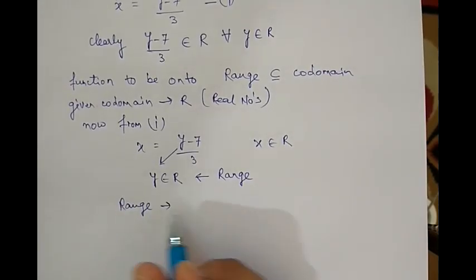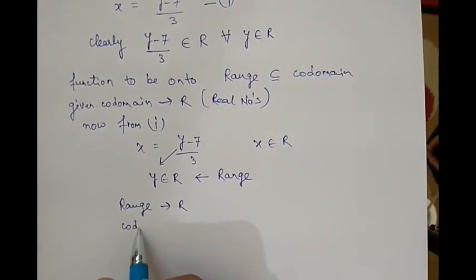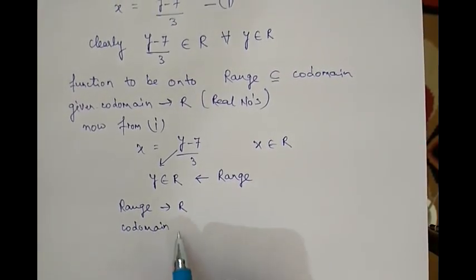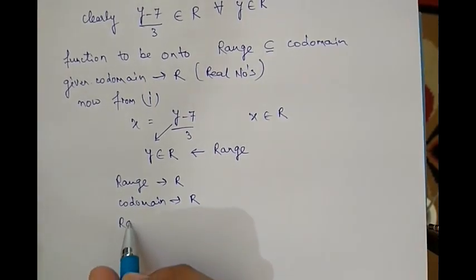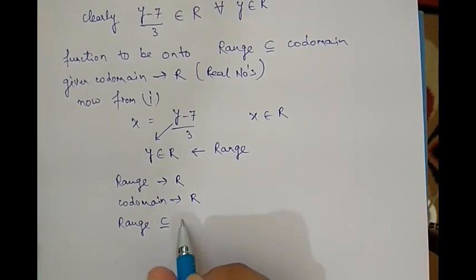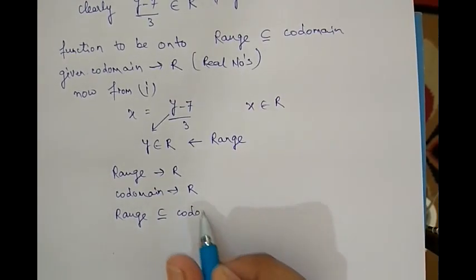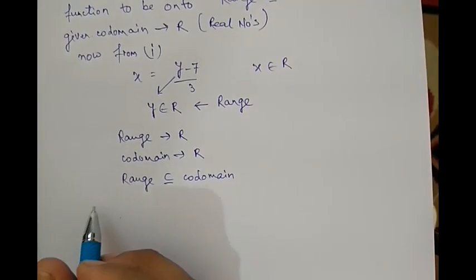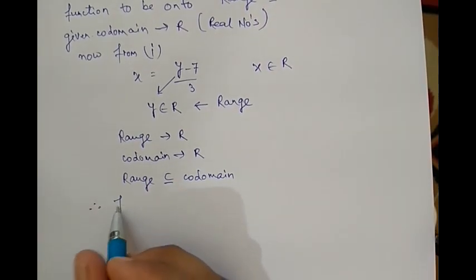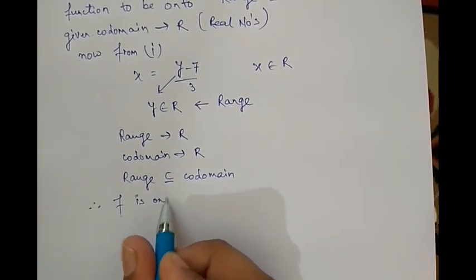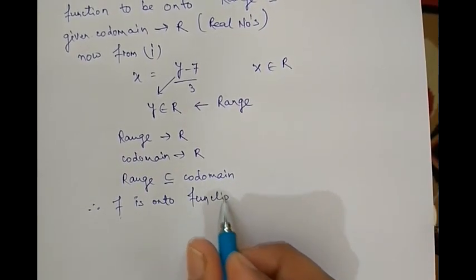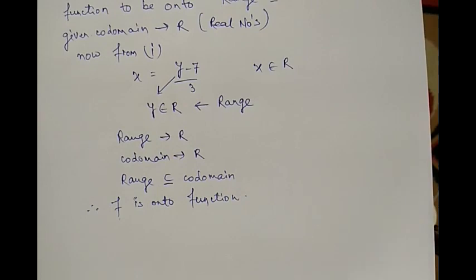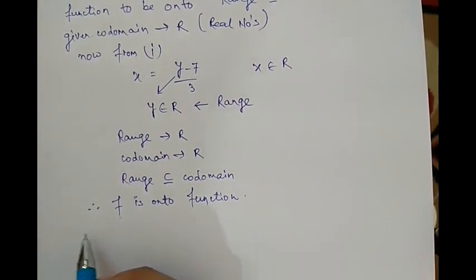Now the range is R, and the codomain is also R. So the range is a subset of the codomain. Therefore f is an onto function.